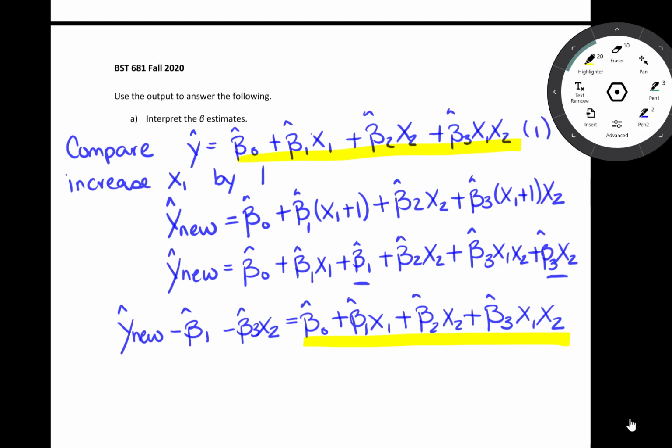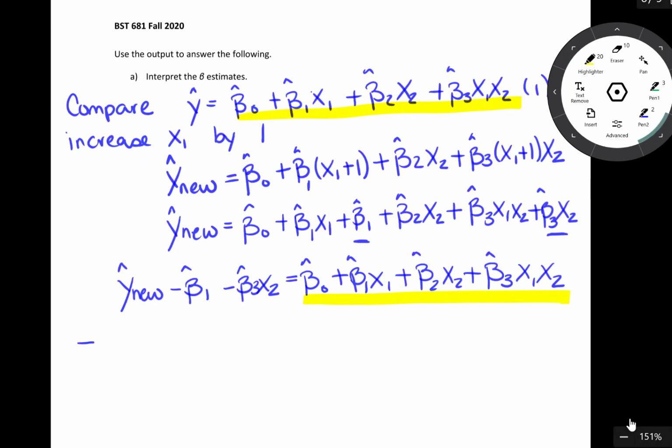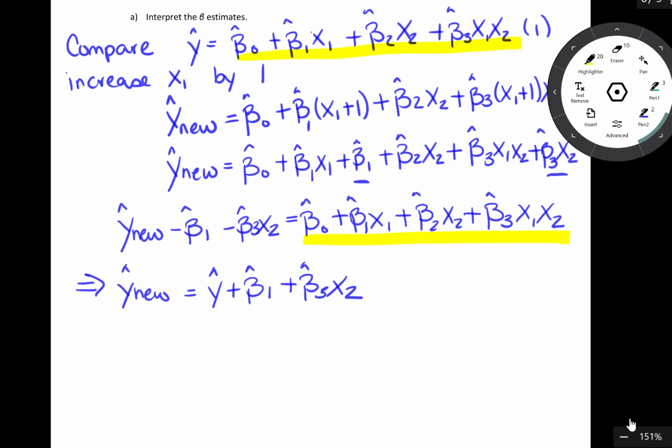In other words, it's going to let us see what the difference is between y hat and y hat new when we increase X1 by 1. So notice what we have here is that y hat new is equal to y hat plus beta hat 1 plus beta hat 3 X2. That's just from rearranging those terms a little bit. The important part to notice here is this piece right here.